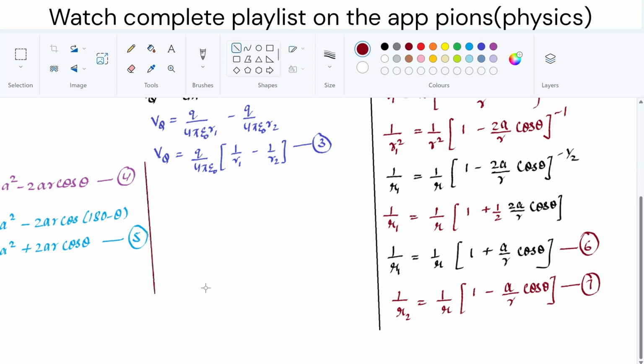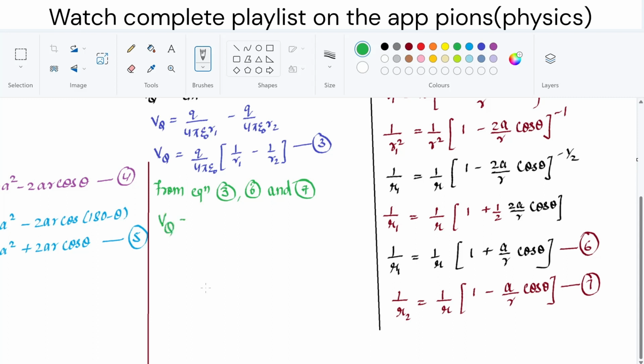Once you got our equation 6 and 7, let's put it back to our equation number 3. Clear? So let's put equation 6 and 7 in equation 3. So let me write here from equation 3, 6 and 7.